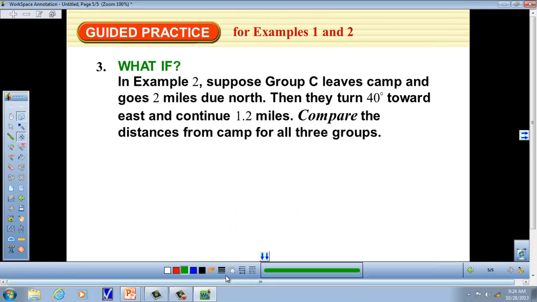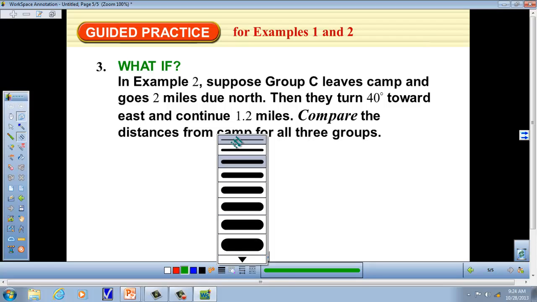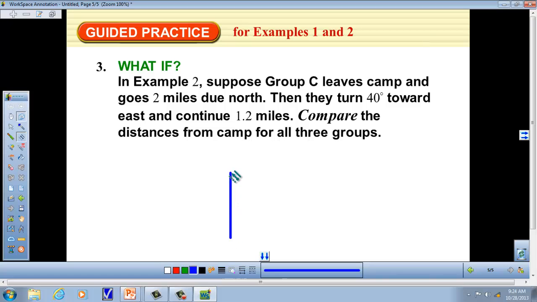So for group C, we'd have them going 2 miles north and then 1.2 miles east. So here's our 2 miles, and here's our 1.2 miles. And if they went 40 degrees east, that means that this is 40 degrees, and this is 140.